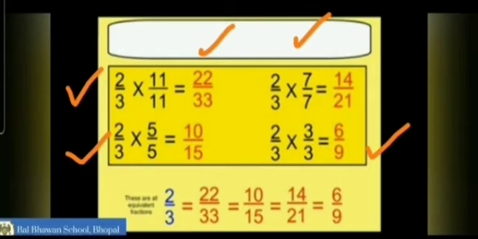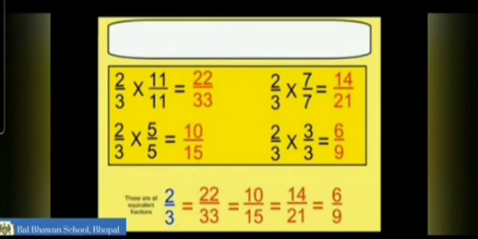Children, it is our own choice. We can take any particular number and multiply it in the numerator as well as in the denominator to get an equivalent fraction of the given number. So here for 2 upon 3, the equivalent fractions are 22 upon 33, 10 upon 15, 14 upon 21 and 6 upon 9.